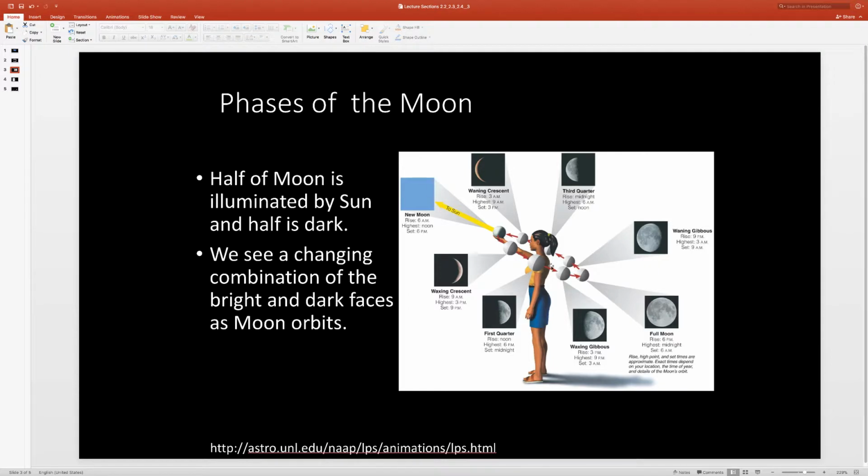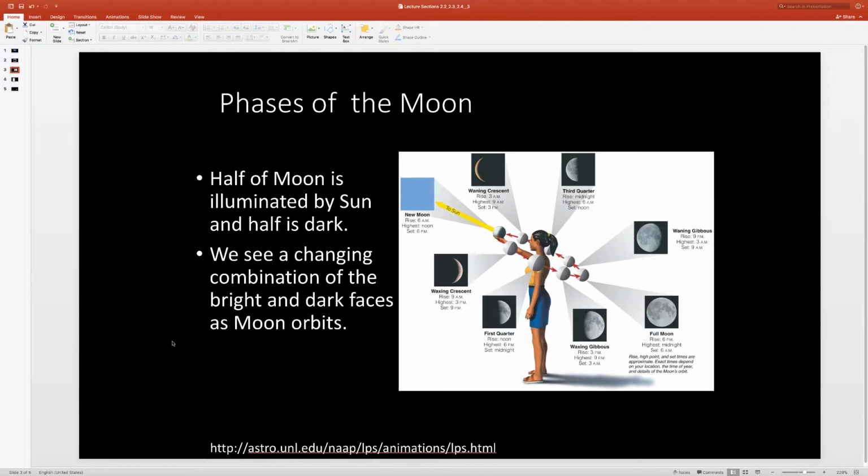So you see this along this line, right? The sun is illuminating this whole surface here, and it always illuminates that surface, but it depends on where the moon is in its orbit around the Earth. The girl here is representing the Earth. So what we see depends on where in the orbit the moon is.